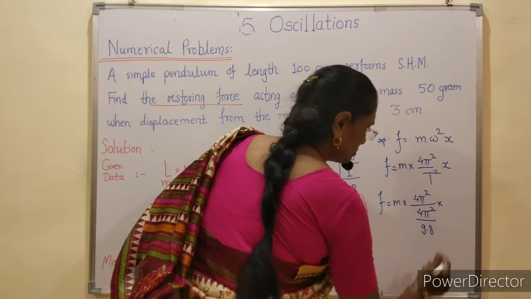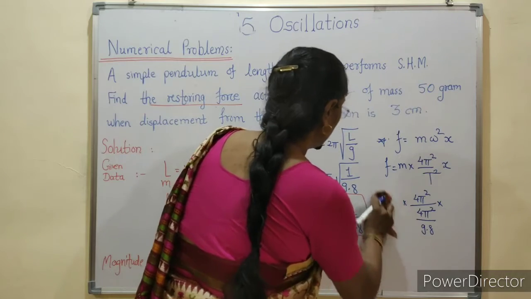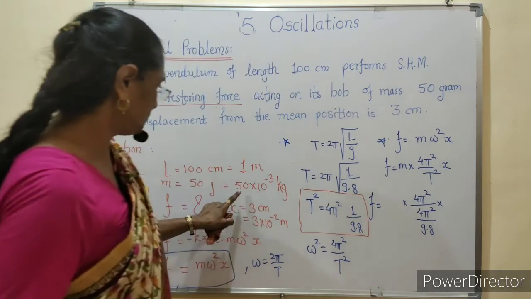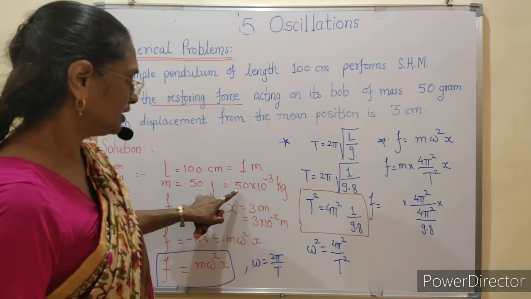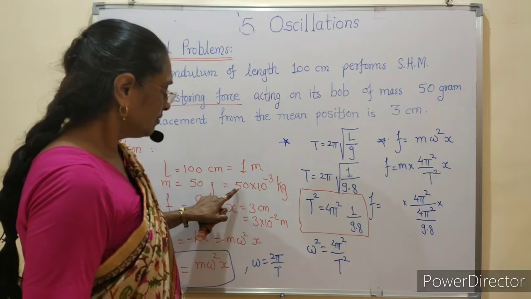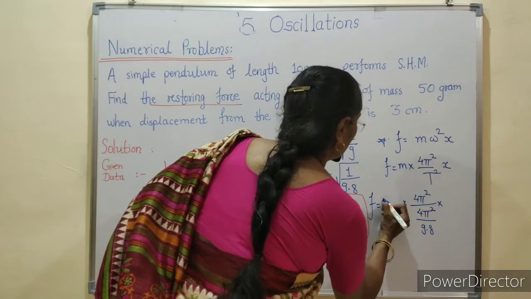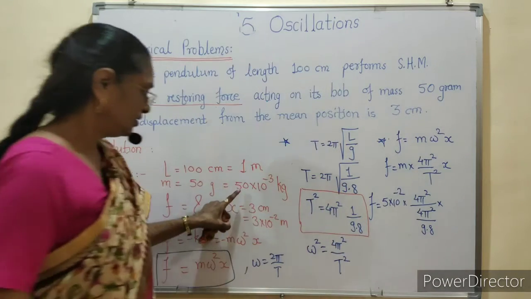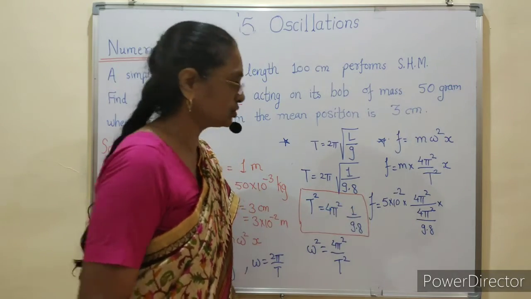X can be substituted here. We can substitute M also. F is equal to, M is 50 grams, which is 50 into 10 raised to minus 3. It can be written as 5 into 10 raised to minus 2.